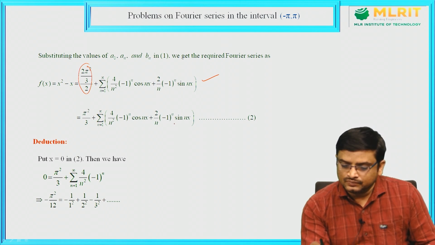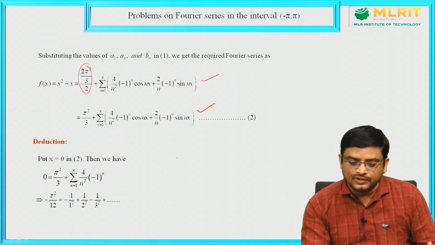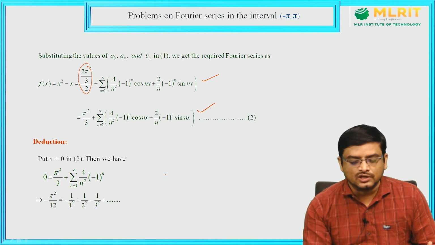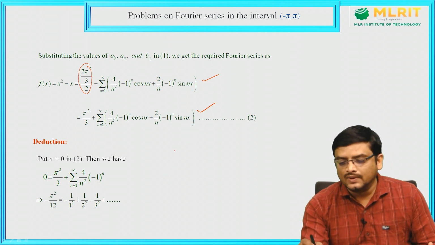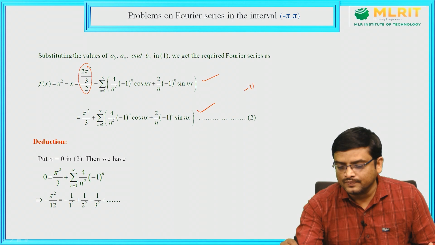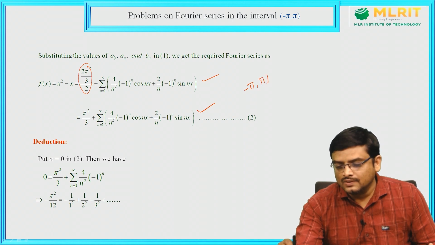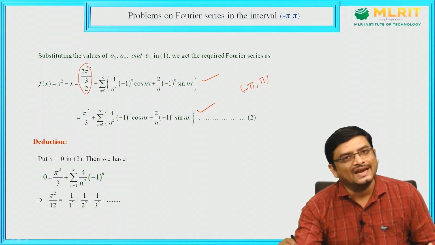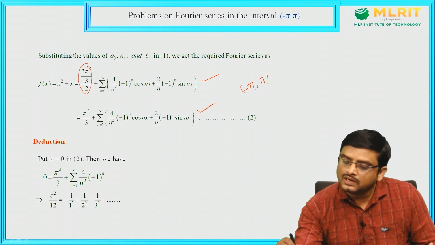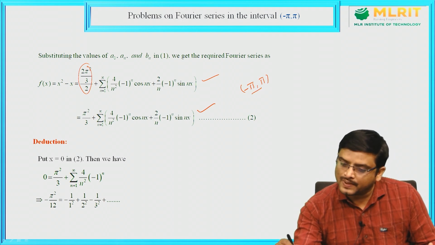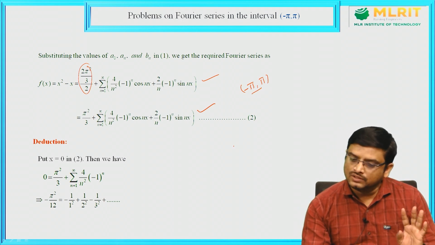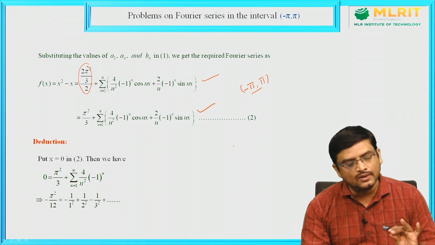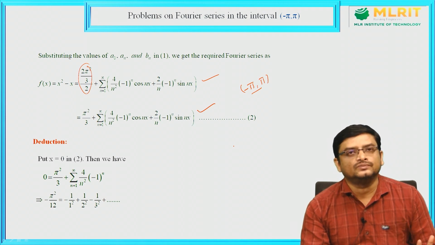Now this is our required Fourier series for the function x square minus x in the interval minus pi comma pi. So whenever the given function is neither even nor odd in the interval minus pi comma pi, then we have to find out a naught, an and bn, all these three coefficients here.